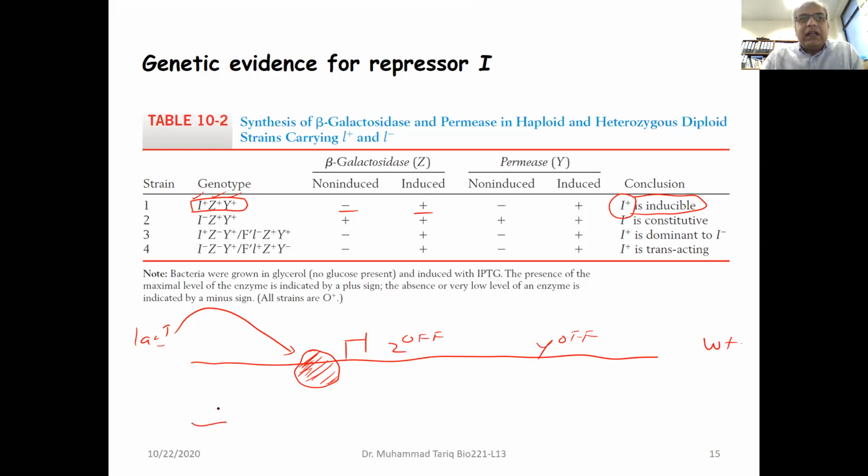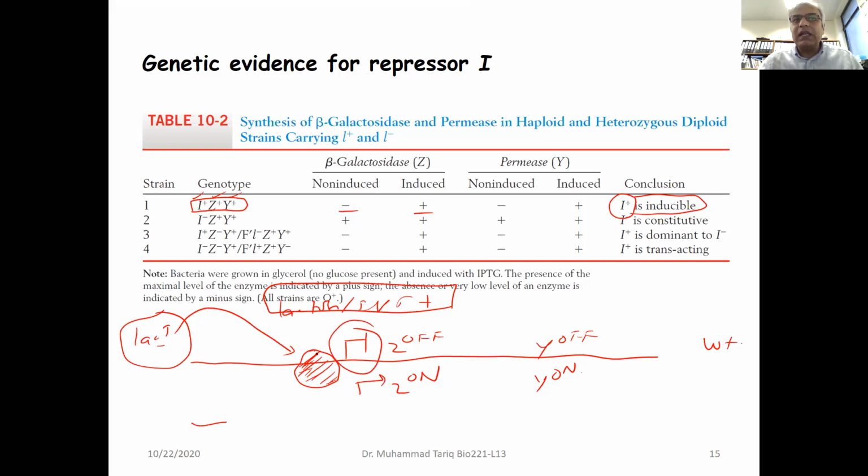If we have added lactose or IPTG, this repression is no more there, because we see in the presence of IPTG or lactose, Z is turned on and Y is turned on, which means this lac I repression is inducible. So lac I is inducible. Its repression caused by lac I is removed, and Z and Y are turned on.